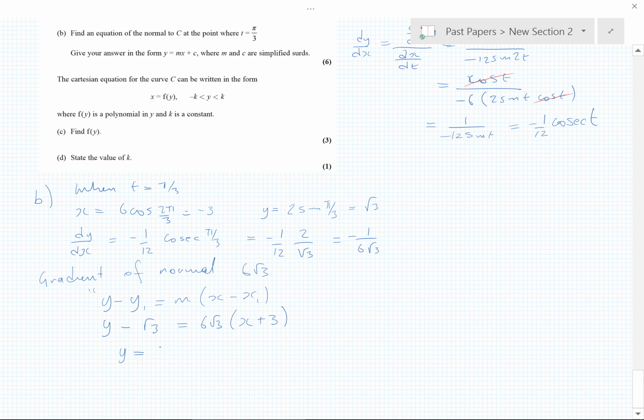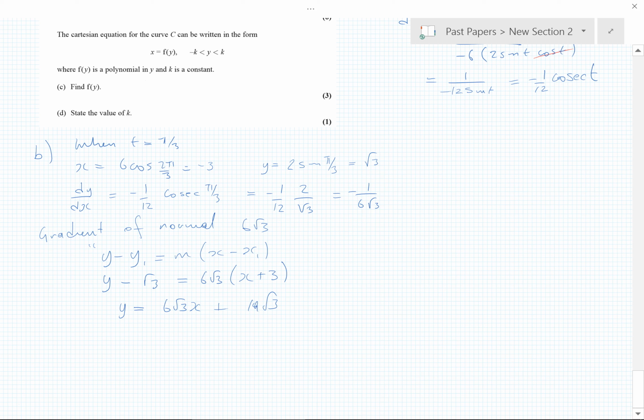So that's y equals 6 the square root of 3 x plus 18 the square root of 3 plus another square root of 3, so that makes it 19 the square root of 3. Okay, so that's part B done.